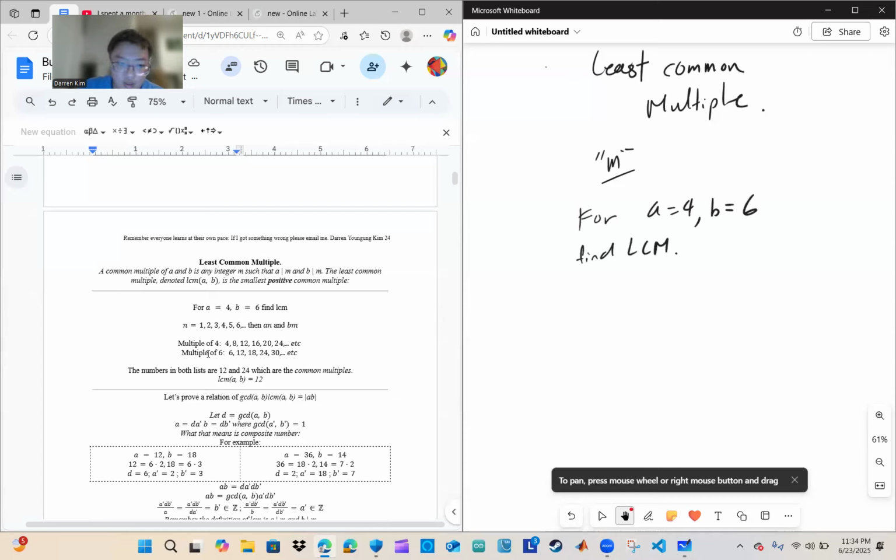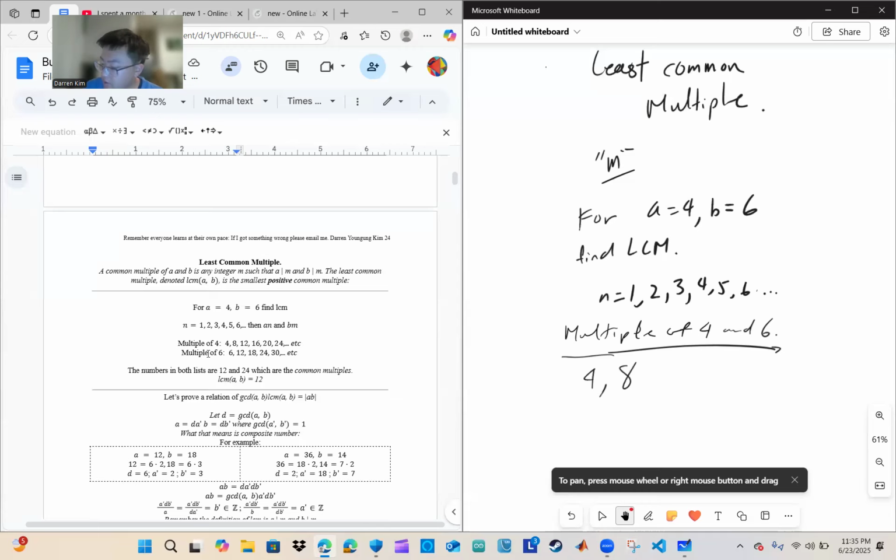You just say n equals 1, 2, 3, 4, 5, 6, and then you find the multiples of 4 and 6. 4 multiplied by 1 is 4, 4 multiplied by 2 is 8, then 12, 16, 20, 24, and you can keep on going: 28, 32, 36, and so on.